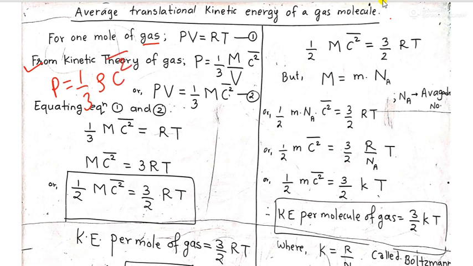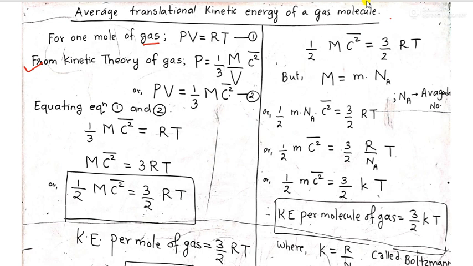In place of rho, we can write m divided by V. So the pressure equals 1 by 3 m divided by V times c square bar. If we cross multiply, we get PV is equal to 1 by 3 m c square bar, where this velocity is called the mean square velocity.